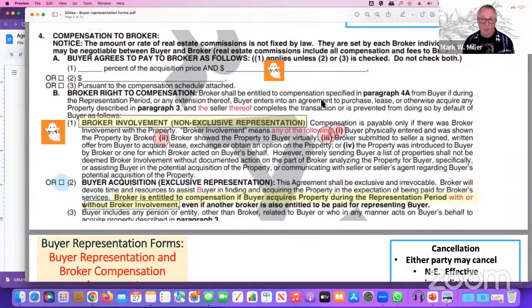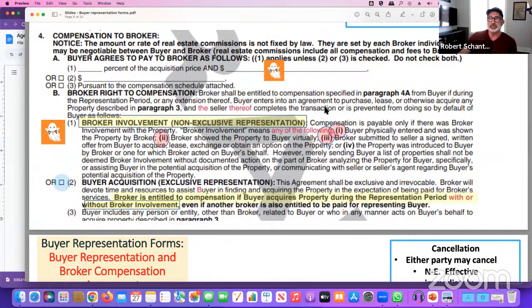Both parties, broker, buyer's agent, and buyer have more freedom to cancel or to change the agreement. So it's an easier version if you go with 4B1, but you do still have the option to go with 4B2 if you want an exclusive agreement. Does that work? Yep, thank you.